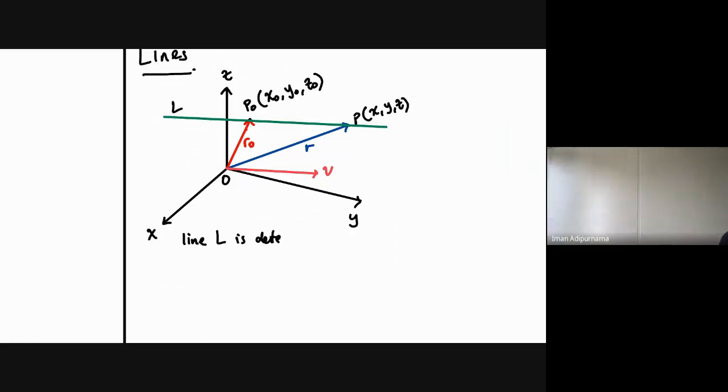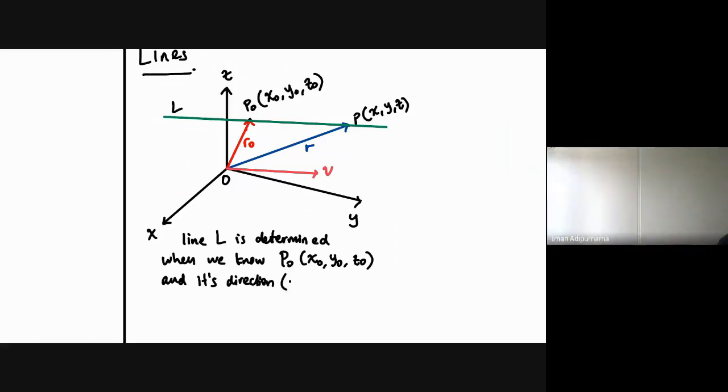is determined when we know the P0 point, the initial point, and its direction.